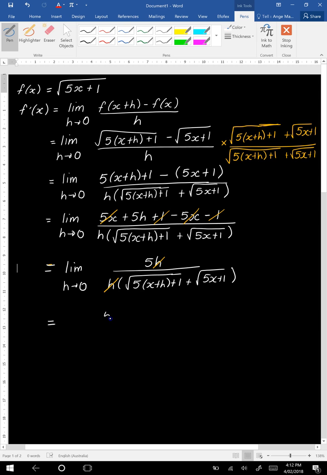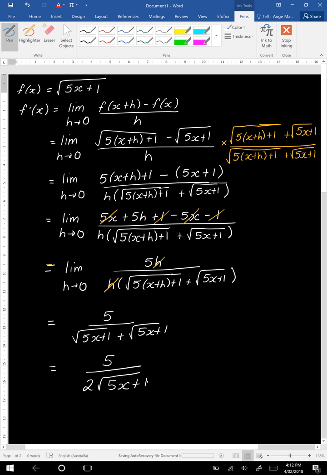So on top we have 5. Downstairs I've got a root 5x plus 1 plus another root 5x plus 1, which means I've got 5 over 2 lots of root 5x plus 1. And that's that one done. Notice my writing has gotten bigger.